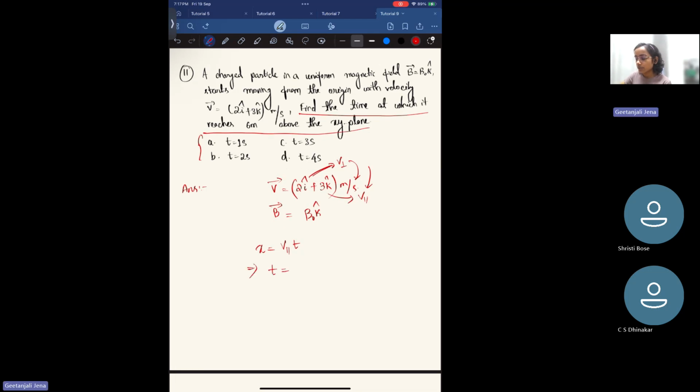That means time would be x by v parallel, or let us say d by v parallel. D is given, this is 6. V parallel is also given, sorry, V parallel is 3. So this is 2 seconds. So the answer would be option 2, option B. Is it clear?